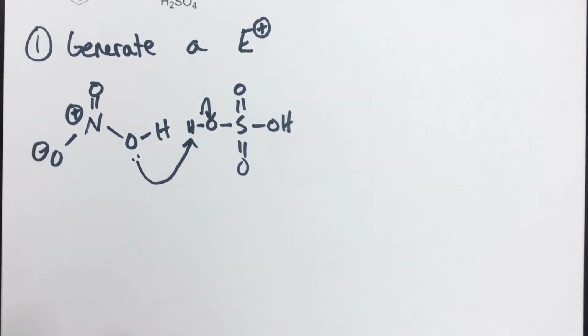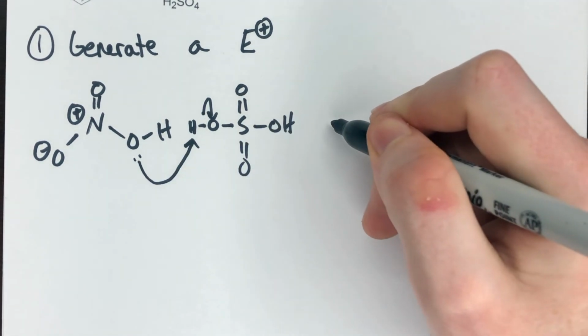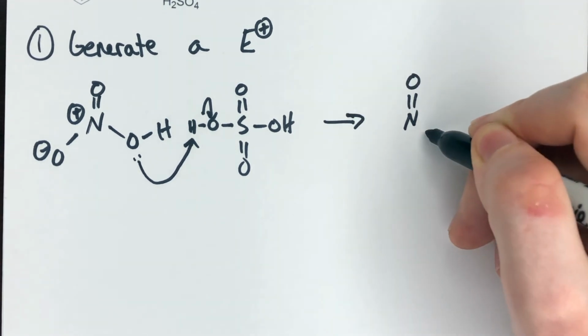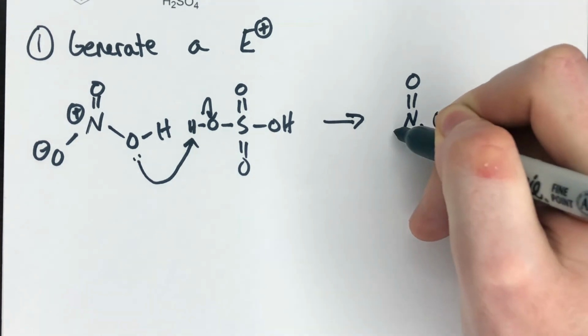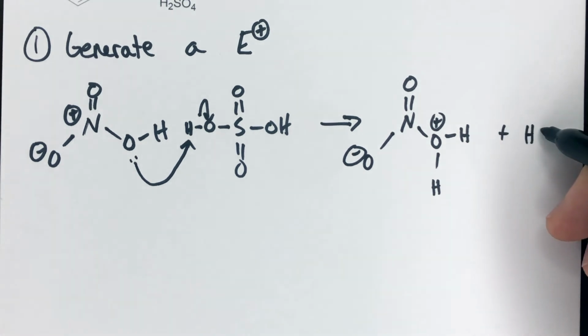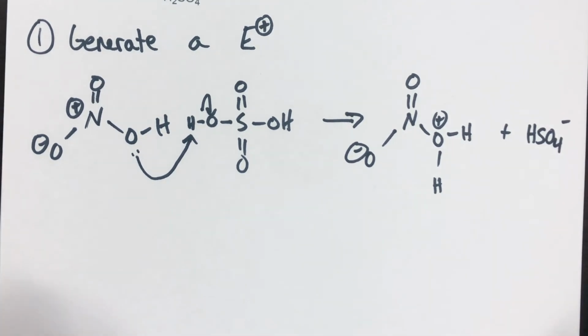So those two points together is why you have to attack with this oxygen first. So what this yields is protonated nitric acid, and then HSO4 minus.